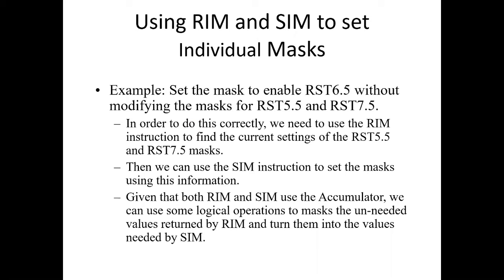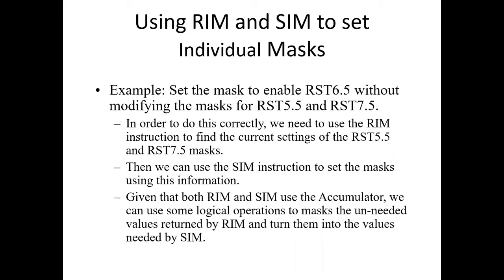Using RIM and SIM to set individual masks. Example, set the mask to enable RST 6.5 without modifying the mask of RST 5.5 and RST 7.5. In order to do this correctly, we need to use the RIM instruction to find the current setting of the RST 5.5 and RST 7.5 mask.